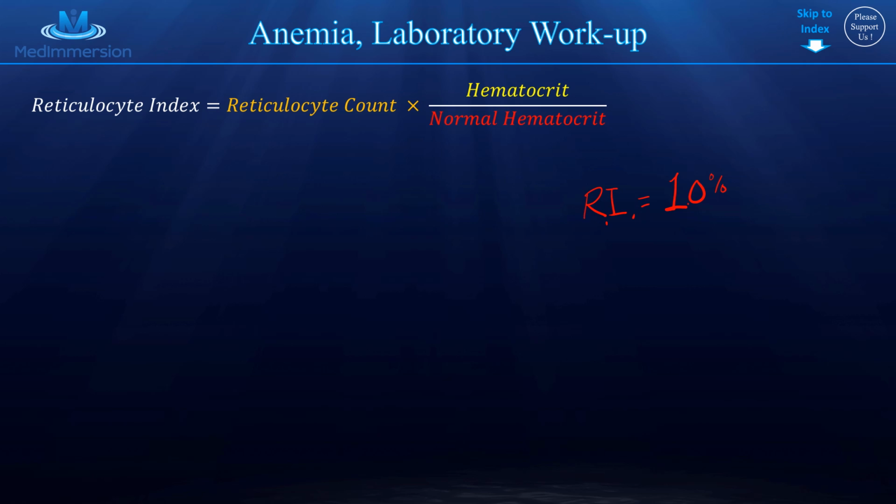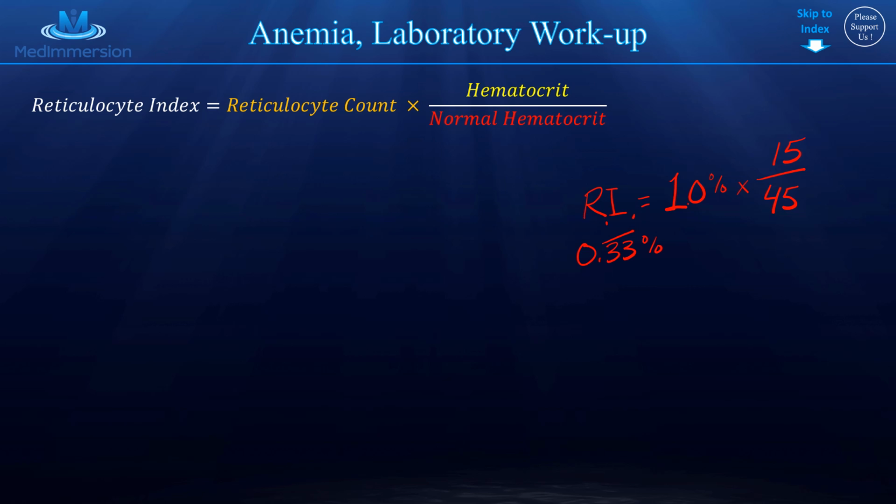However, the hematocrit is 15. 15 is about a third of what it should be. So 15 over 45, which is a normal value for hematocrit, times the reticulocyte count of 1% equals about 1/3 of a percent. Well, that's definitely too low. Okay, so does that make sense?